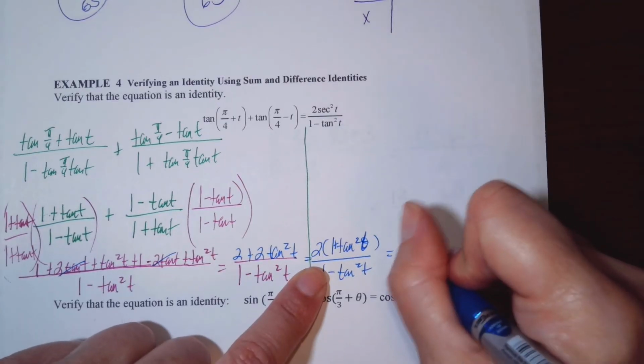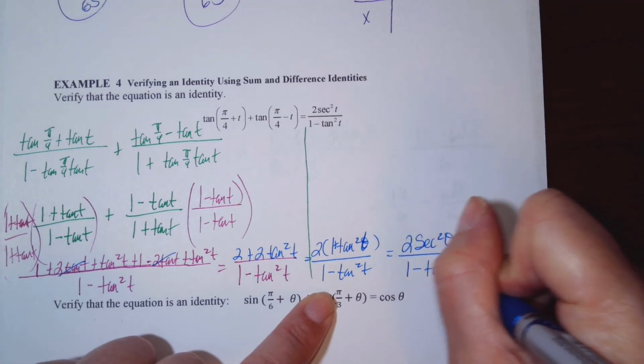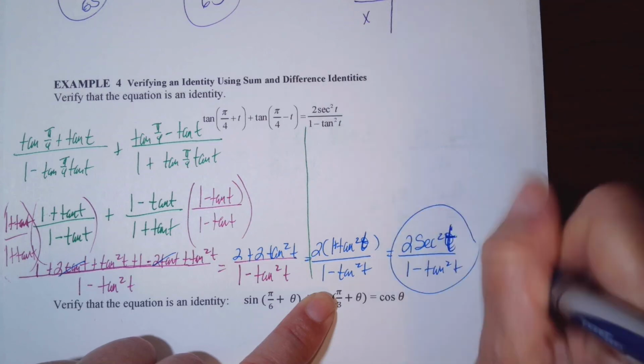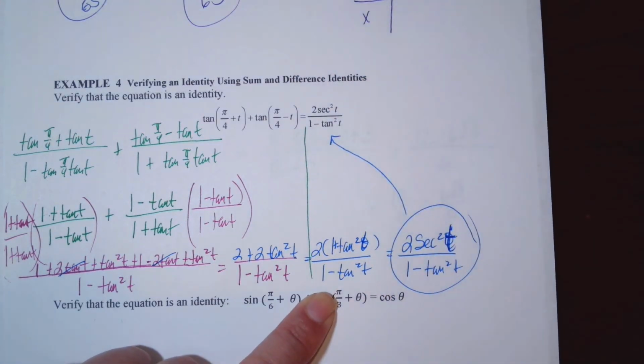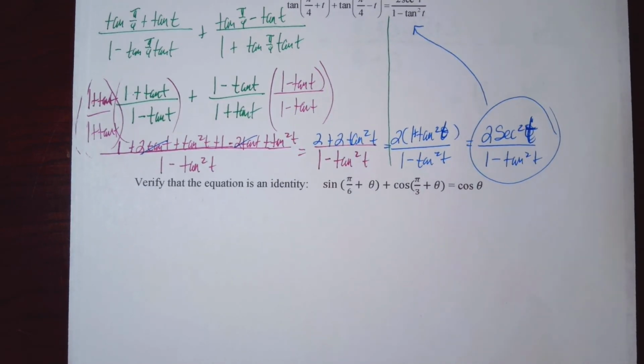So that numerator is 2 times secant squared t, and that's what I was looking for. I said t and I wrote theta, that still needs to be a t. Alright, so that one is verified, using a lot of algebra, using that FOIL technique.